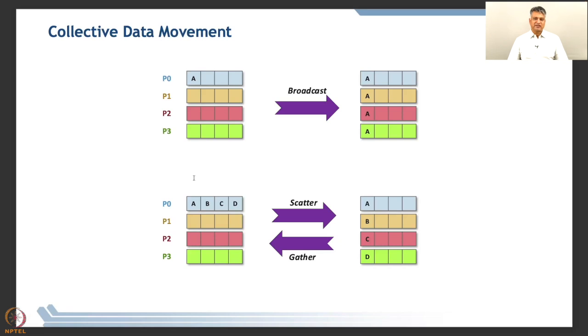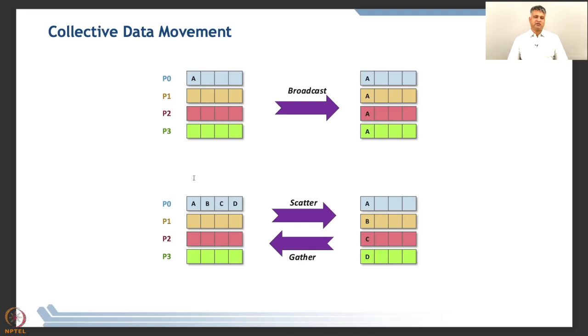On the receive side, the number of buffers required will not change when you have the broadcast function. But on the send side, you will not have multiple send buffers, rather just one buffer to send, and all the other processes will take the data from that particular buffer.